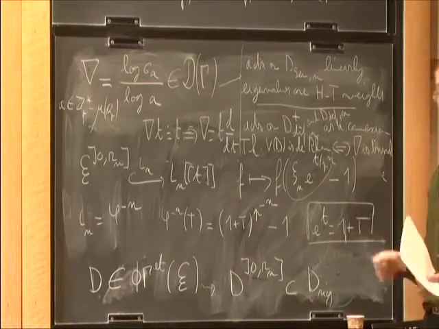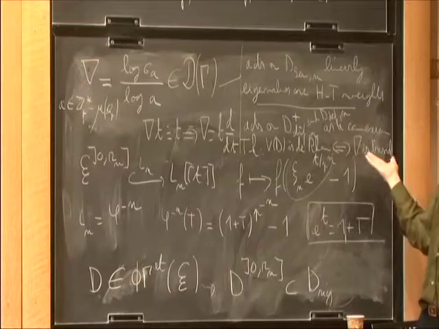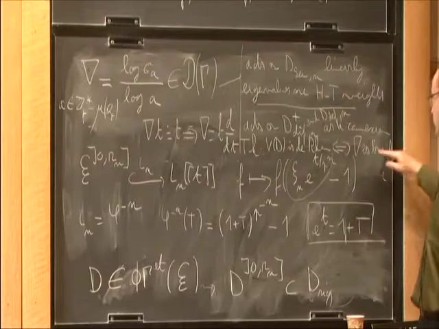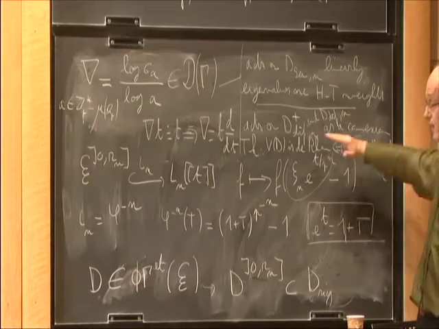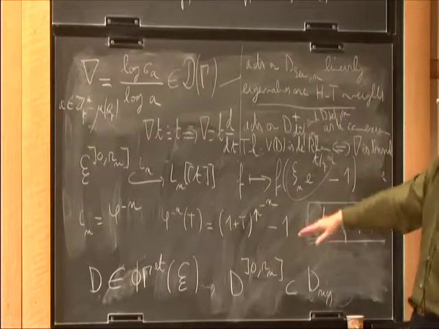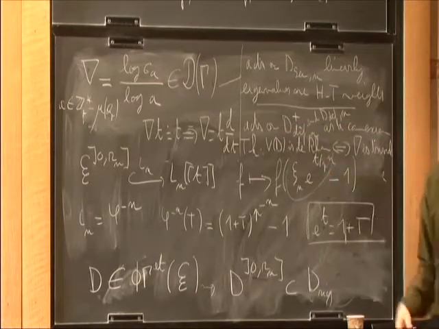And in fact, if you look at the kernel of the connection, the horizontal sections for the connection, they are exactly bases of D_dR of V.